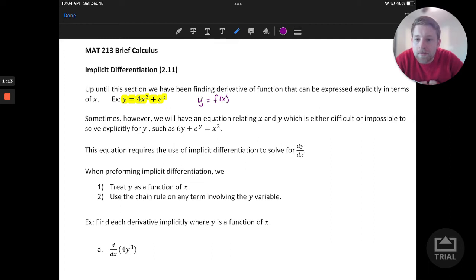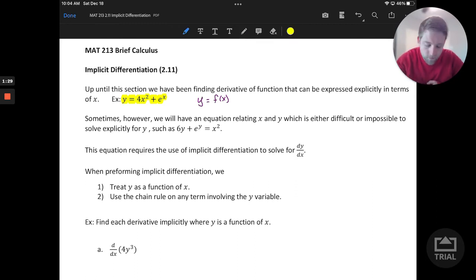So this necessitates a new way to take a derivative, and we're going to think about derivatives here in an implicit fashion. When we consider taking a derivative implicitly, what we're really going to be solving for is dy dx, the derivative of the y function with respect to x still.